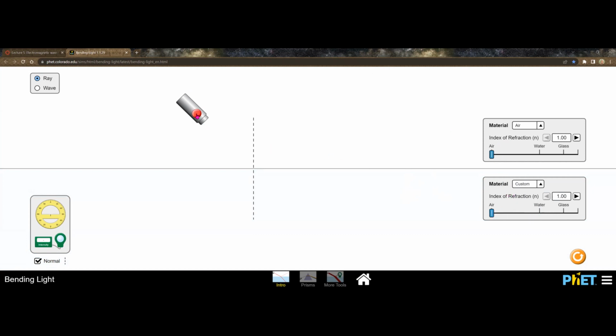Now what happens here? If I turn on the laser, you can see that there's no refraction of the ray. That's because it's not changing medium. The medium is the same, so a ray of light is going to go in a straight line. But now look what happens if I take the bottom medium and start increasing the index of refraction. Look how the ray moves.